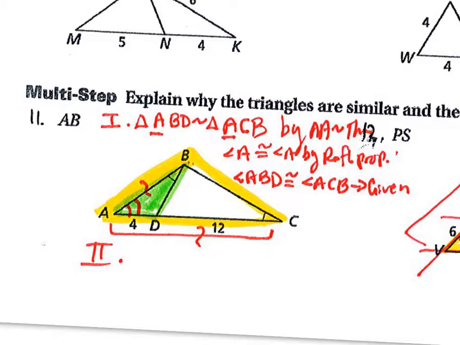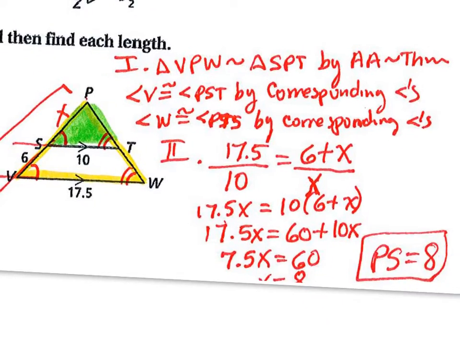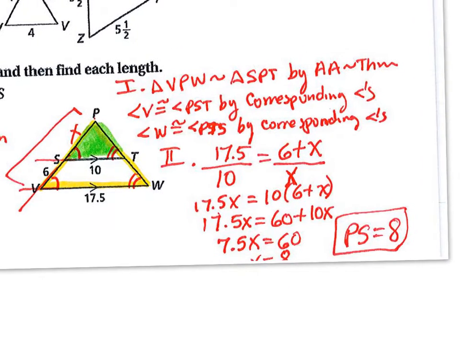And let me just tell you about number 12. Because the lines are parallel, these two angles are congruent by corresponding angles. And I have it here. And these two angles are congruent by corresponding angles. Therefore, the triangles are similar by the angle-angle similarity theorem.